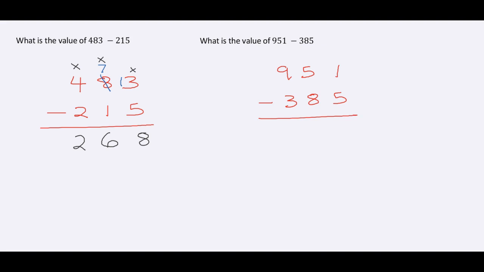We're going to start from the rightmost column, right here. 1 minus 5, that's not possible to do. So what we're going to do is go to the next column on the left, and we're going to take 1 from 5, and we have 4 left over here, and we're going to place that 1 right here. So 11 minus 5, we have 6. Now we go over here to the next column as we go toward the left. 4 minus 8, we cannot really do that.